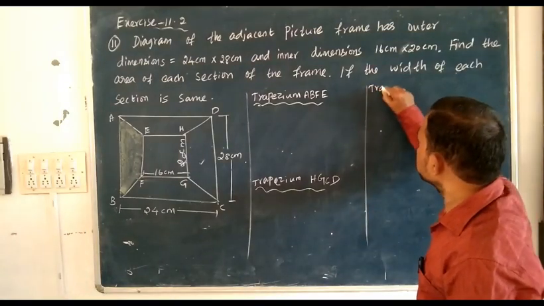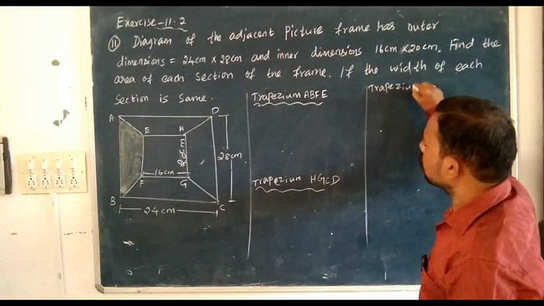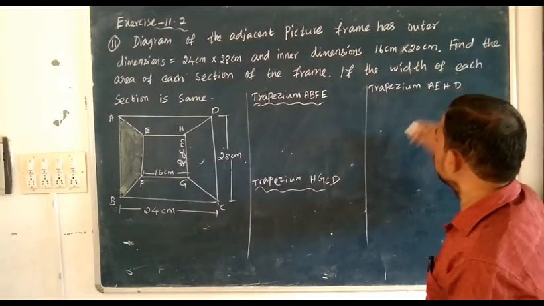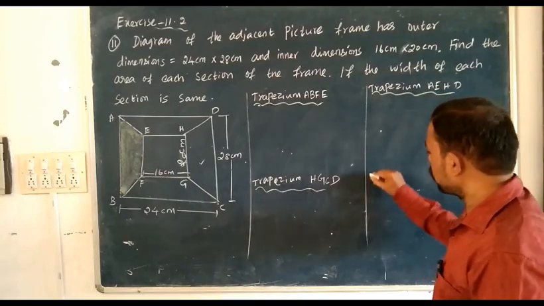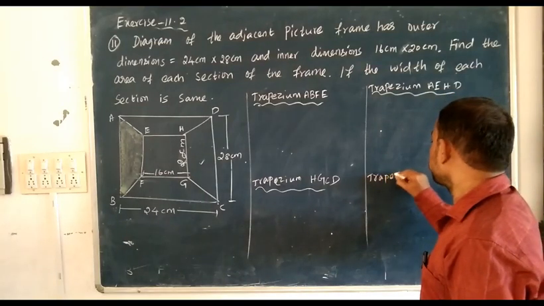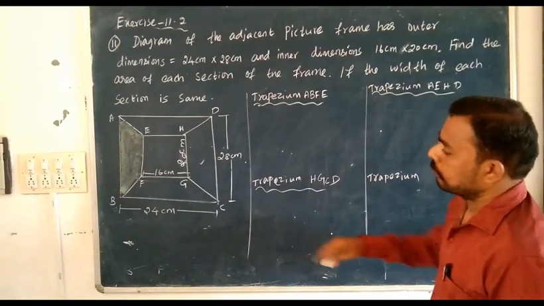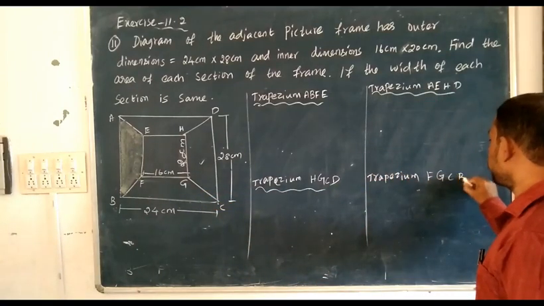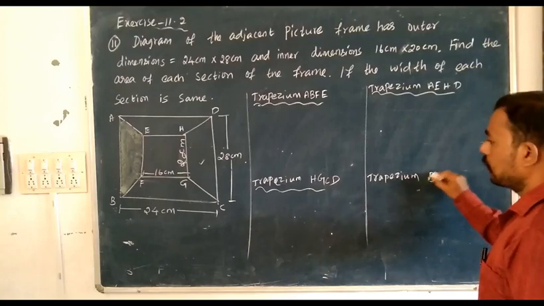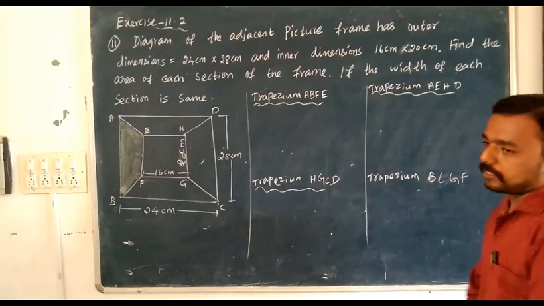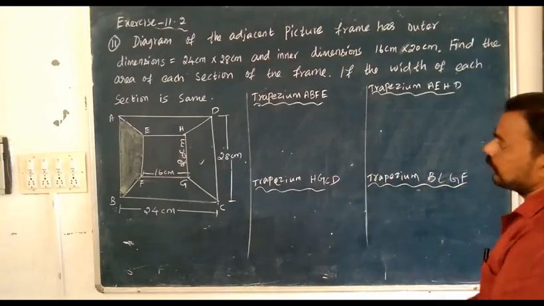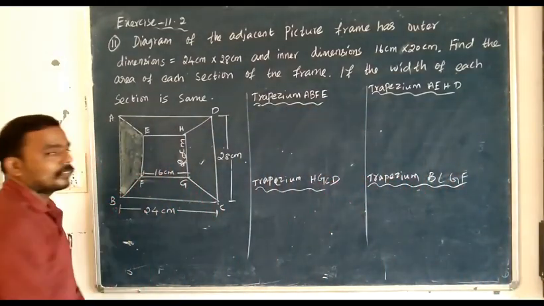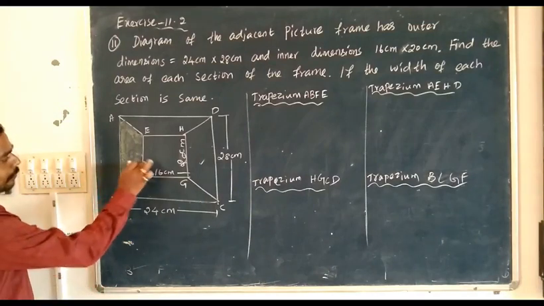So trapezium A, E, H, D is the third one. Next one, trapezium F, G, C, D or B, C, G, F, anything your choice. Right. Now consider the same.